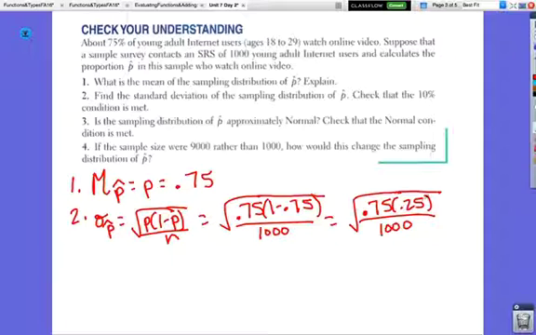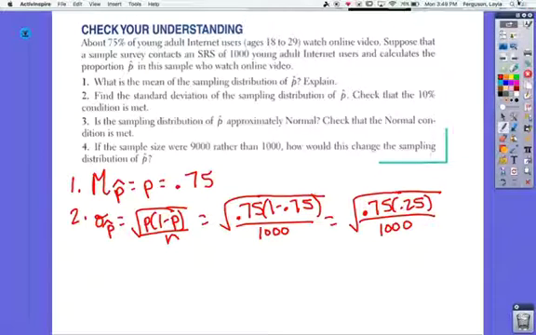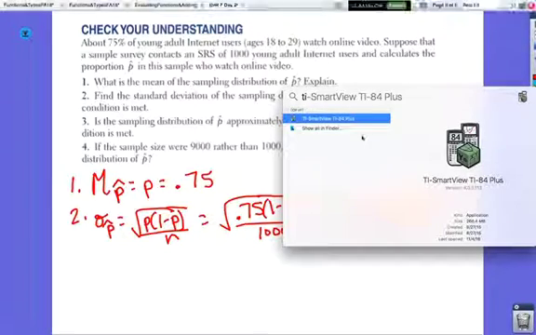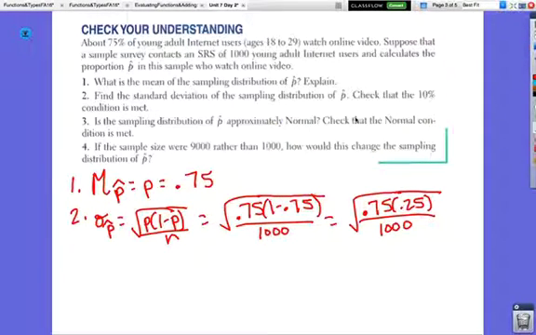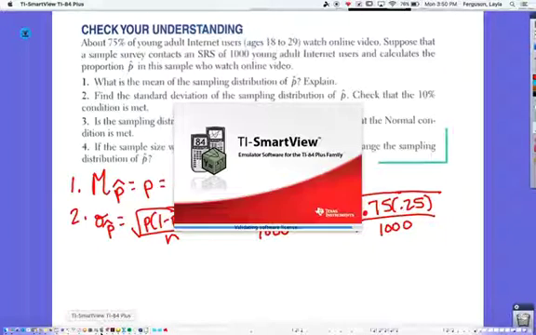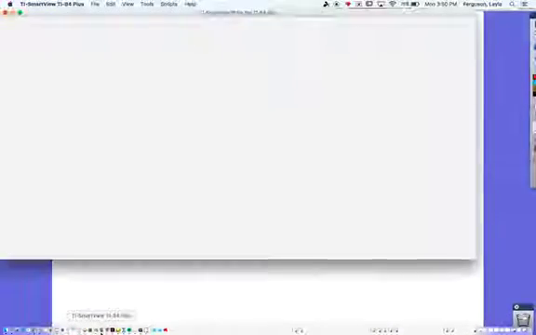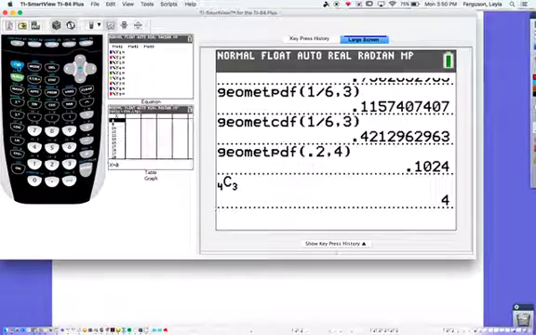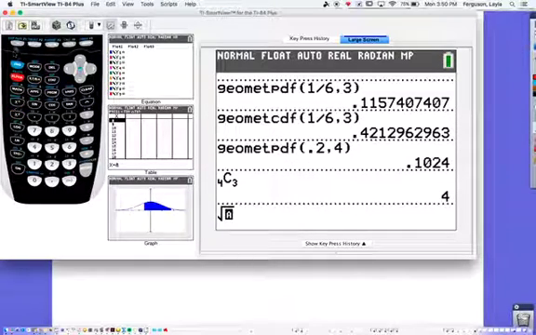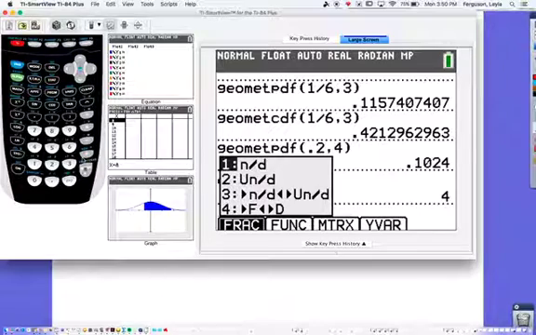When we go to the calculator, we can press second x squared to get the square root, and alpha y equals to get the fraction.